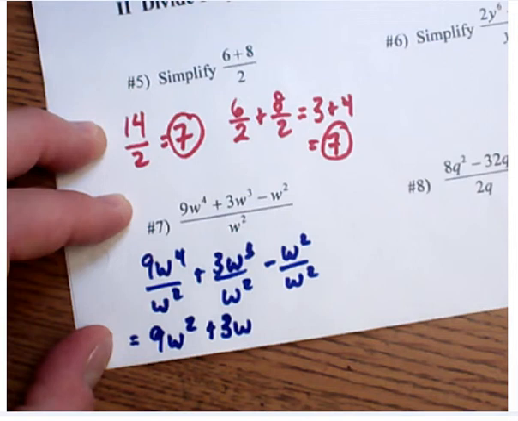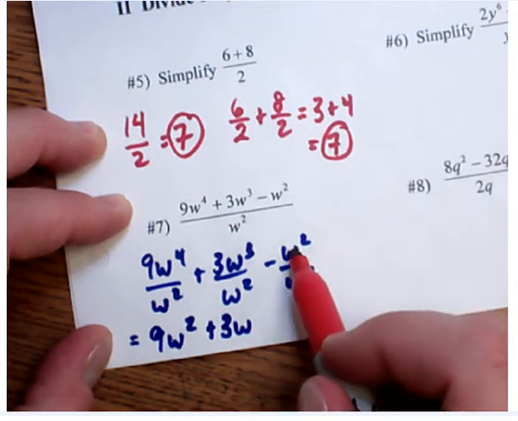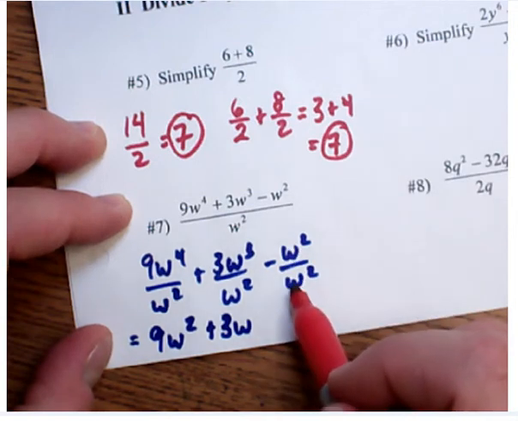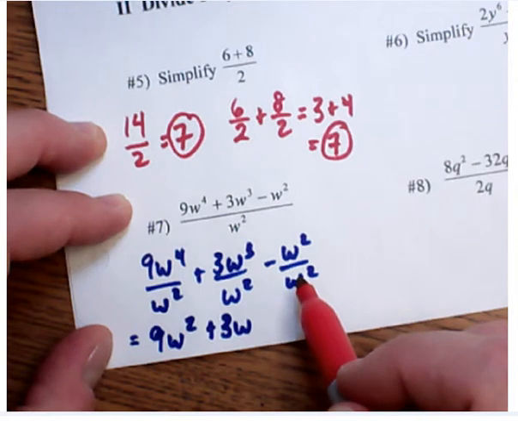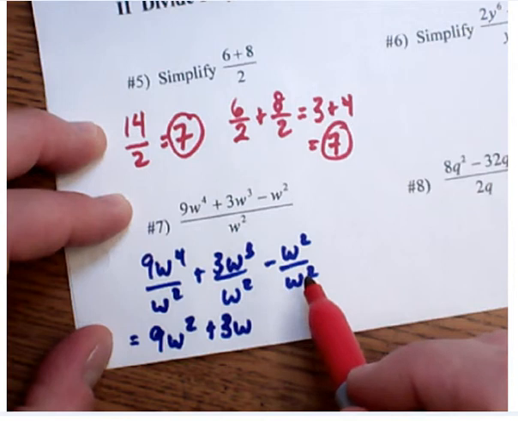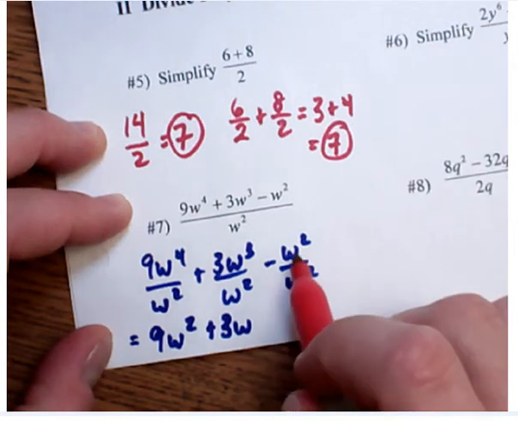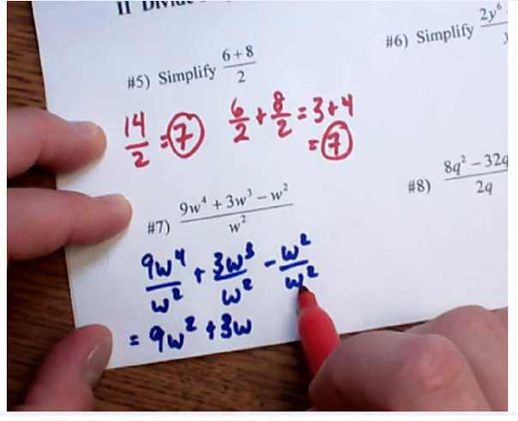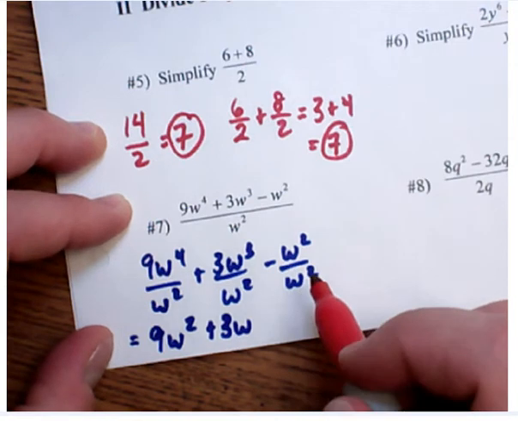Now what happens? w squared divided by w squared. If you subtract the exponents, you get w to the 0. Well, anything to the 0 is 1, and that should make sense because w squared and w squared are the same number. So if you take a number divided by itself, it's just a 1.